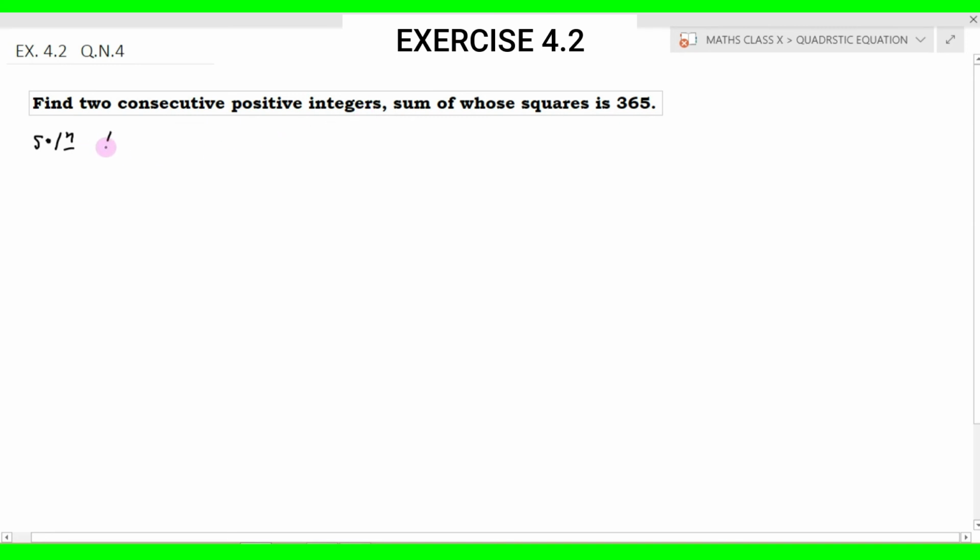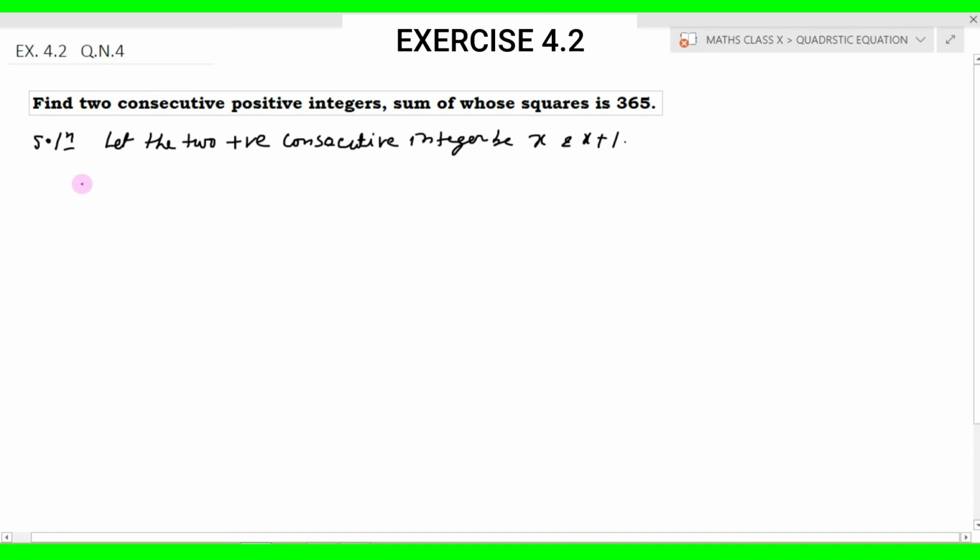So let the two positive consecutive integers be x and x plus 1. Consecutive means plus 1, so you have taken the two numbers x and x plus 1.